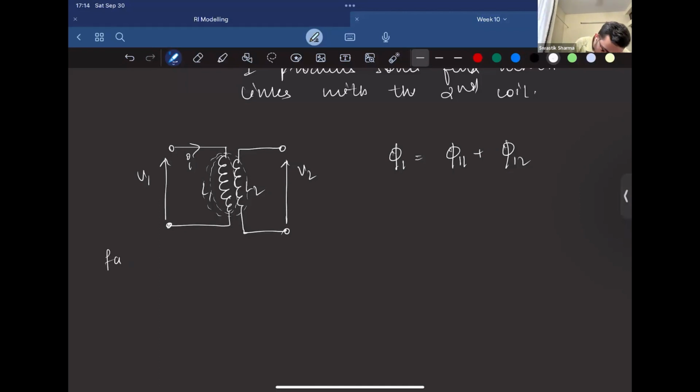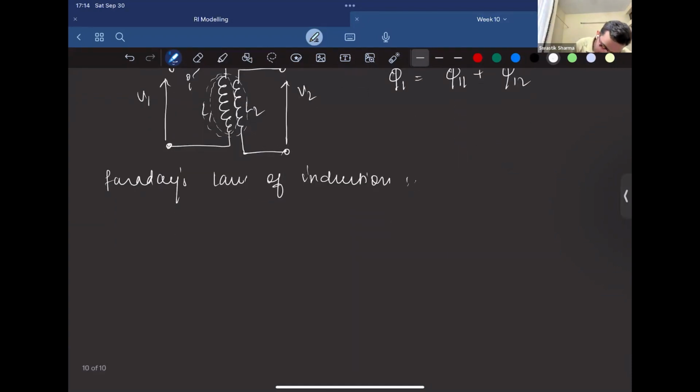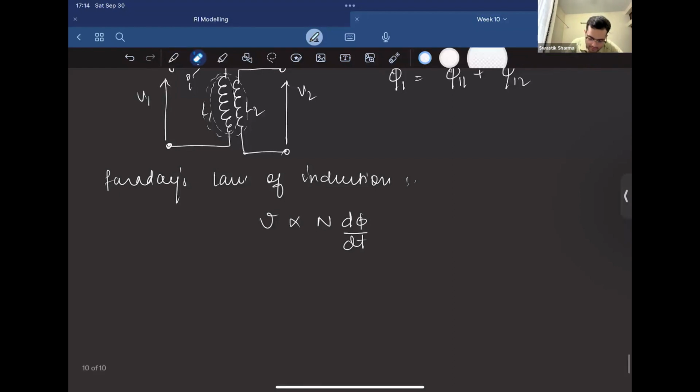Now, according to Faraday's law of magnetic induction, the voltage is directly proportional to N, the number of turns of the coil, times the rate of change of flux, right? That's how we usually write it.